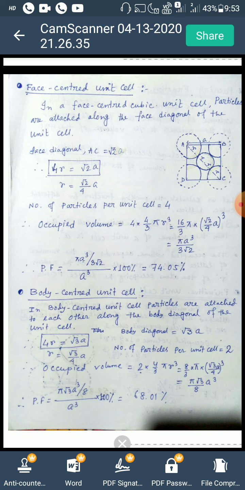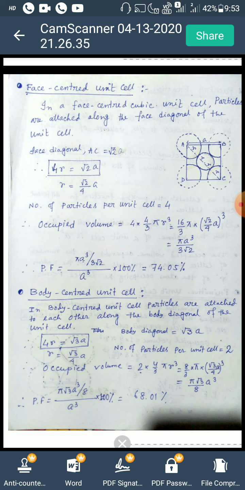In a body-centered unit cell, the particles are attached to each other along the body diagonal of the unit cell. If the edge length of each edge is a, then the body diagonal will be root 3a.